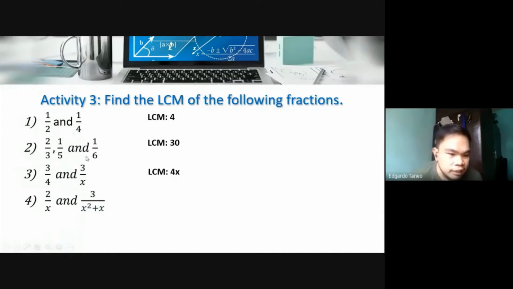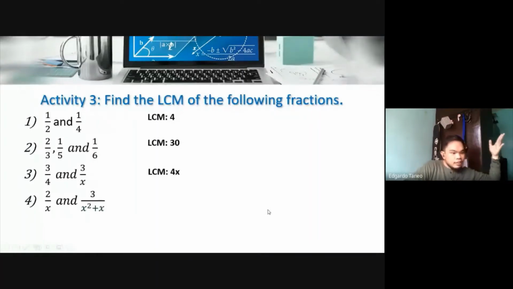Okay, next. How about this one? 2/x and 3/(x squared plus x). What is the LCD? x cubed plus x.